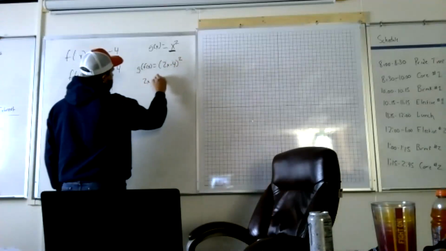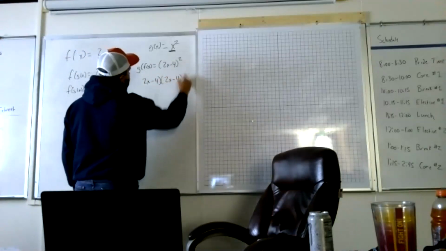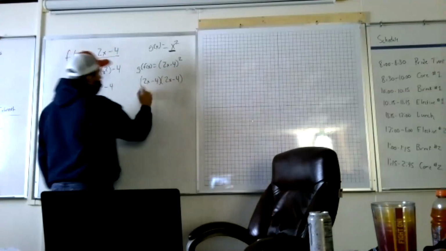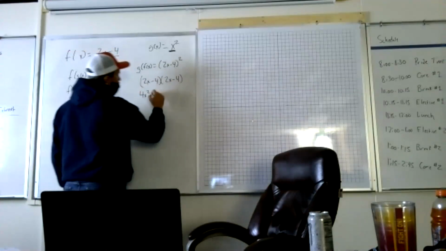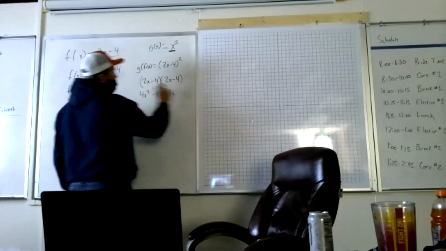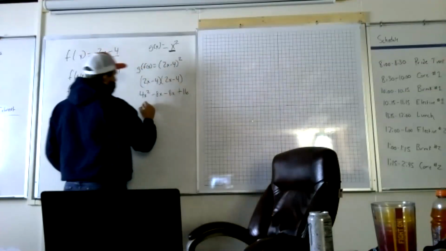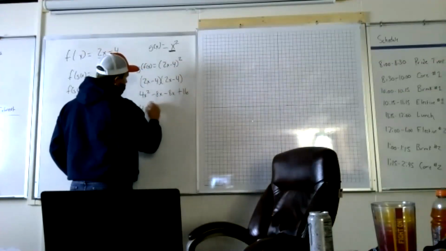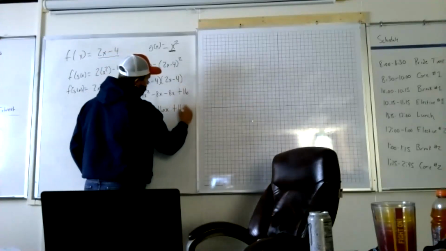So 2x minus 4 times 2x minus 4 leaves you 4x squared minus 8x minus 8x plus 16, which gives you 4x squared minus 16x plus 16.